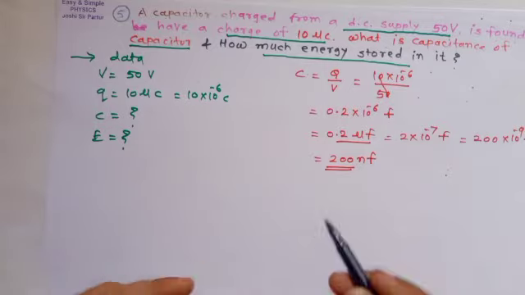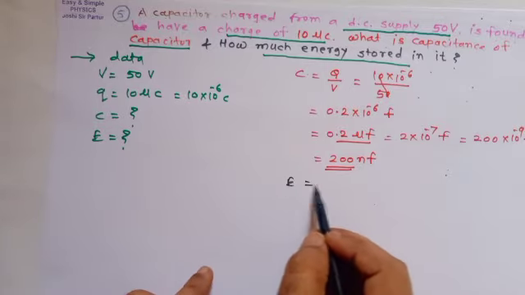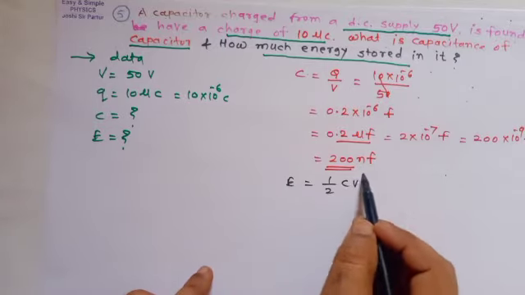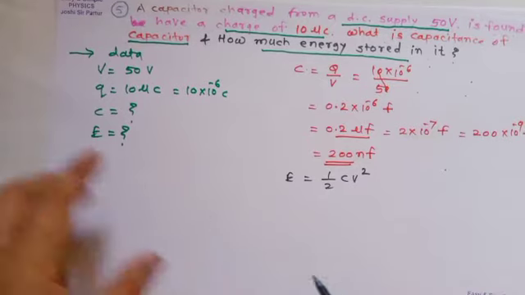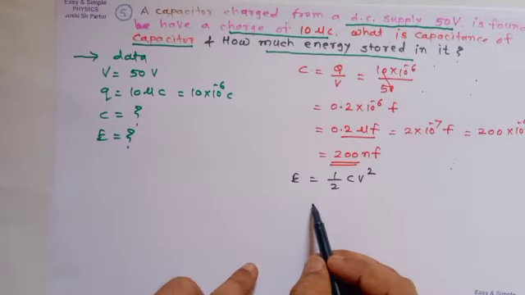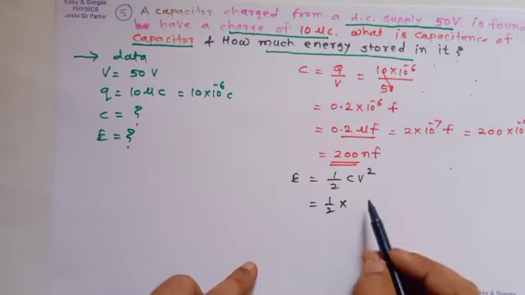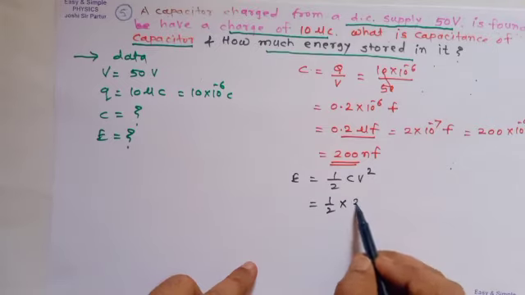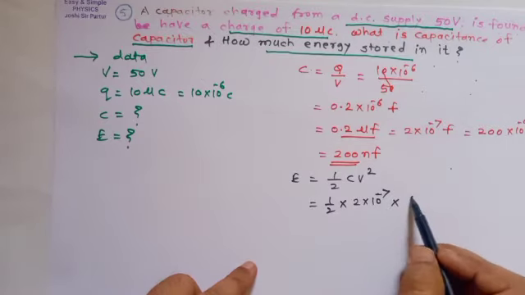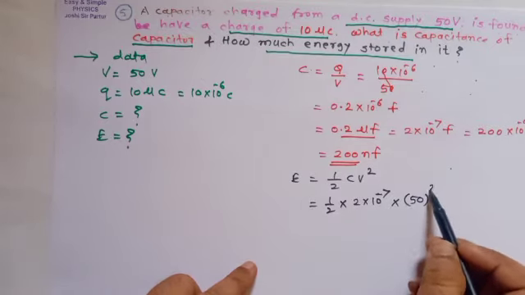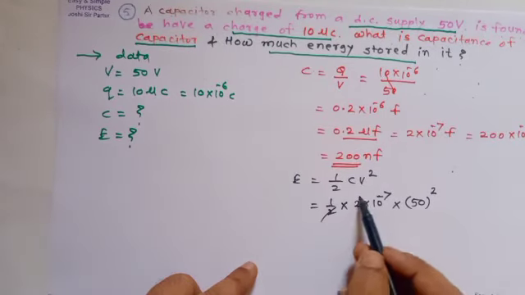We can find out energy. So energy is equal to half CV square. If we substitute the value of C and the value of V, it gets half into 2 into 10 raised to minus 7 multiplied by 50 square. So here 2 gets cancelled.